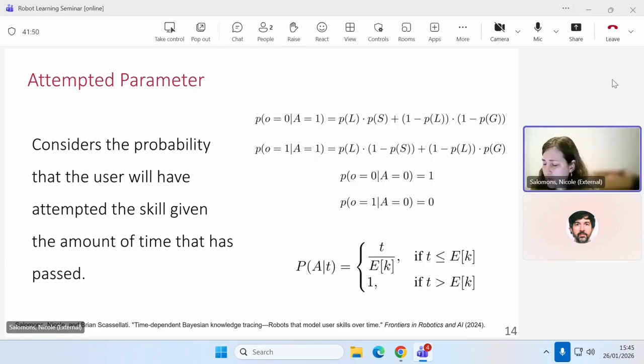Due to time, I will skip through the math and go through the high-level ideas, but we can always go through this a little bit more in the discussion later on. The attempted parameter considers the probability that the user will have attempted the skill given the amount of time that has passed. If you take the circuit example I showed earlier, it works exactly like a real electronic circuit.